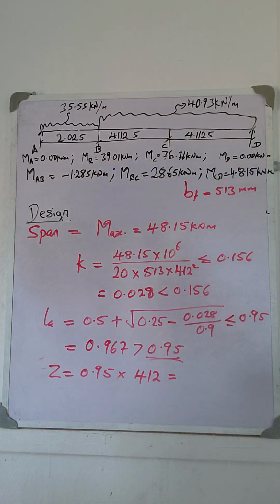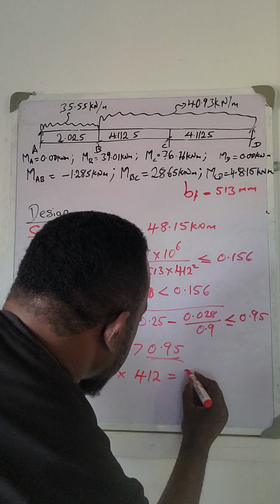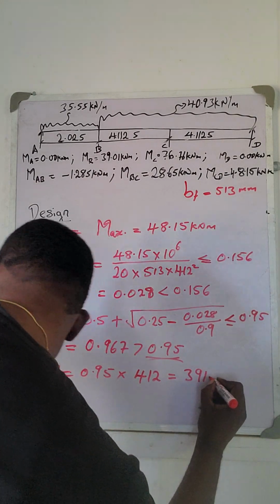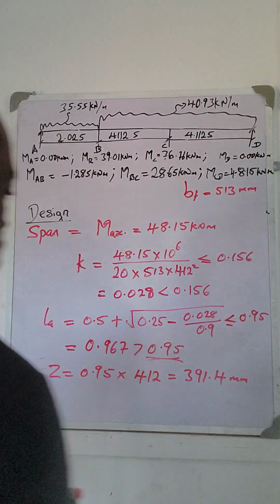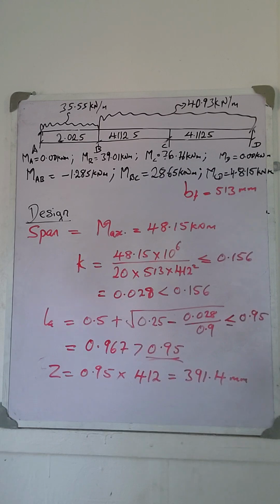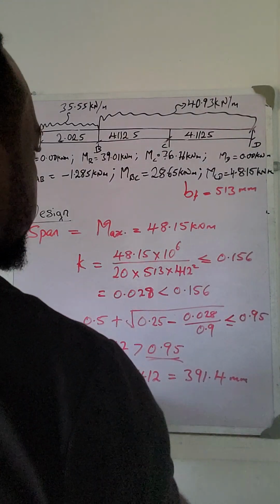This is equal to 0.95 times 412, which will give us 391.4 millimeters. Okay, so we're still going to continue.